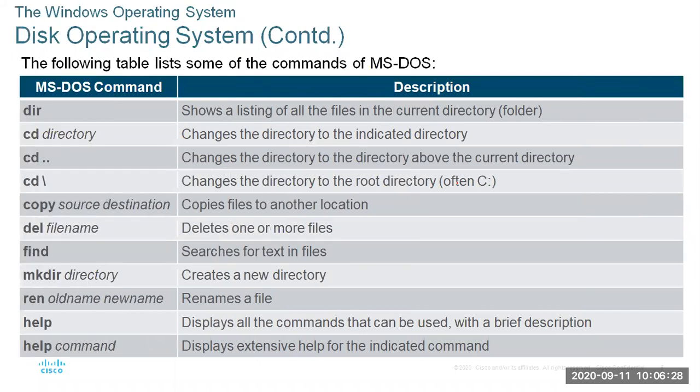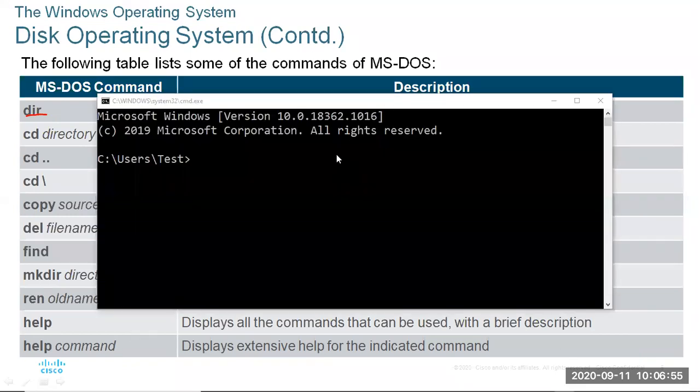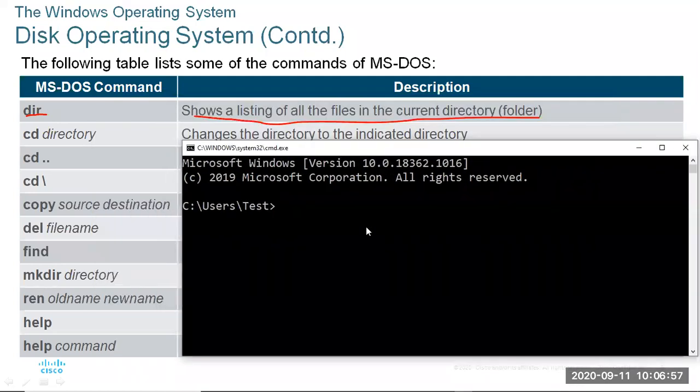Now, there are some commands that were very common in MS-DOS. For instance, if you do dir, it shows the listing of the files in the folder. Let me show you. Let me launch my command prompt and share it with you.